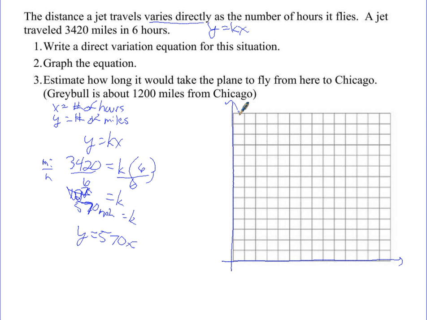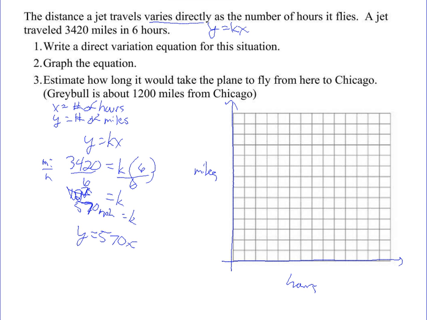Now I've got to label my axes. What goes on the x-axis? Hours. The x variable was hours, which makes miles on the y-axis. Now this is a direct variation equation, so how do I graph it? Okay, rise over run, yes. But where do I start?